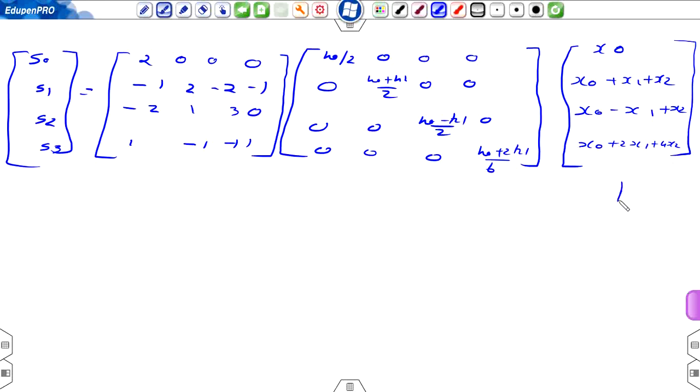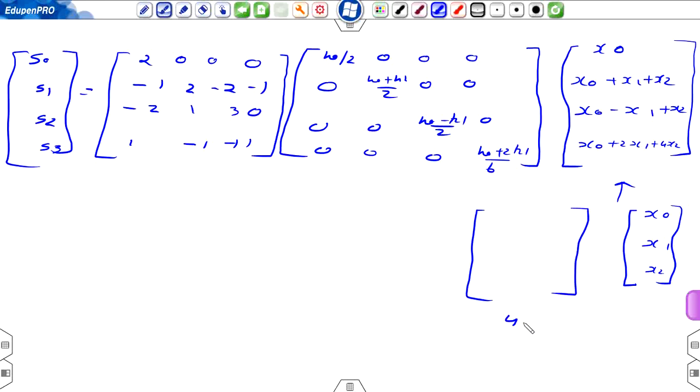Okay, so now we will further decompose this matrix. On one side we will separate the signals, that is x0, x1 and x2, and the pre-computation matrix will be a 4 cross 3 matrix because it is multiplied with a 3 cross 1 matrix.